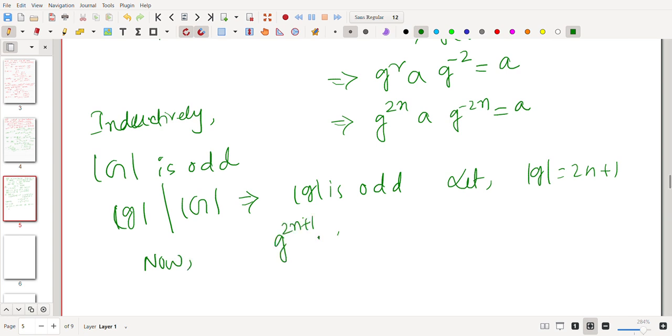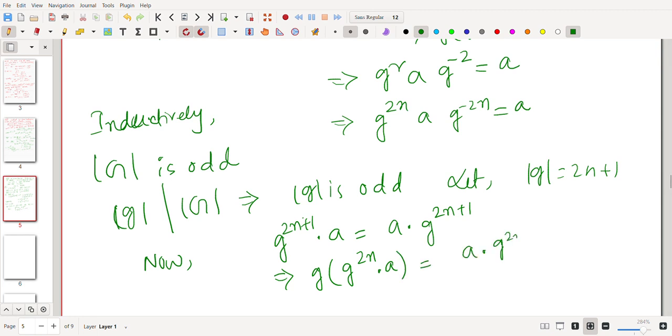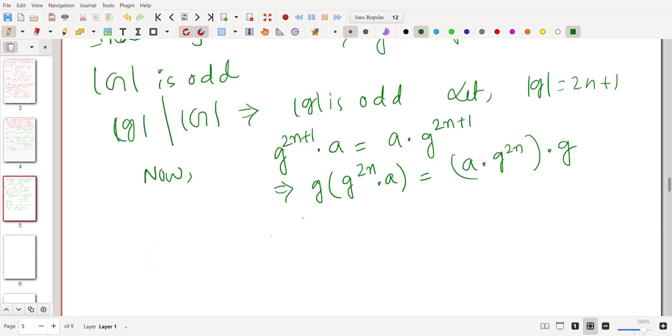So now g power 2n plus 1 times a is basically a into g power 2n plus 1, because it is identity, so a equal to a, so this includes, right? Now g power 2n times a is basically a times g power 2n times g.